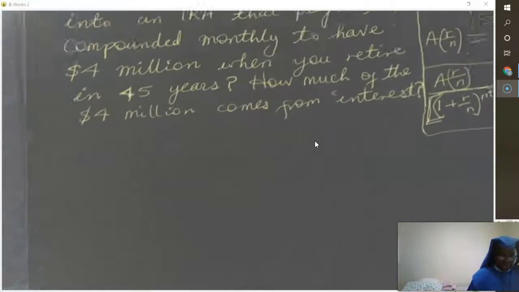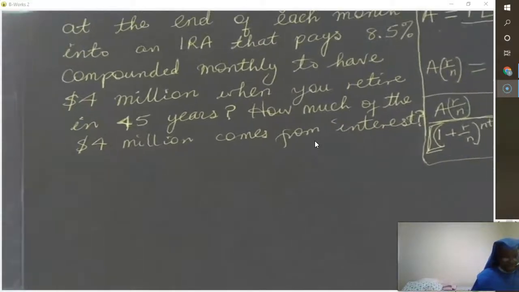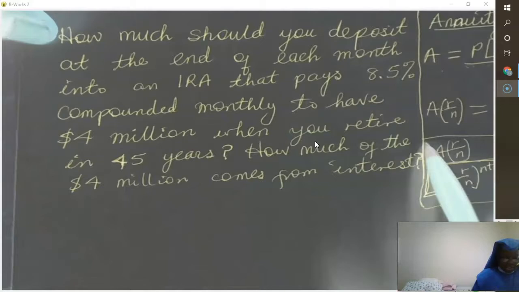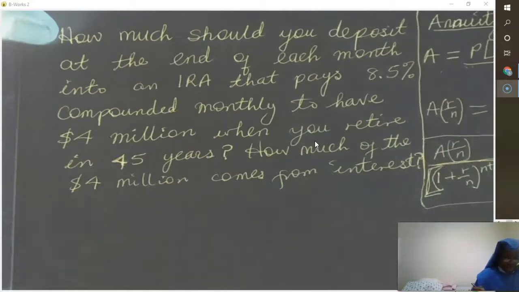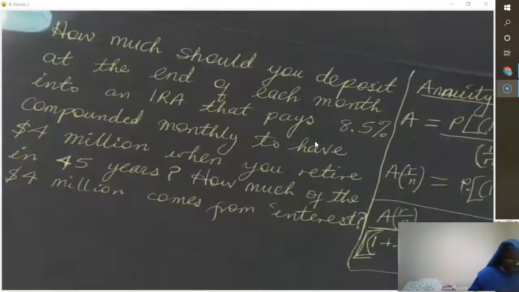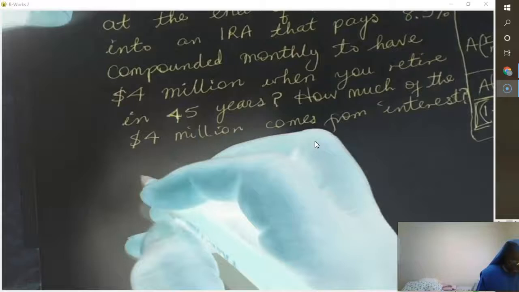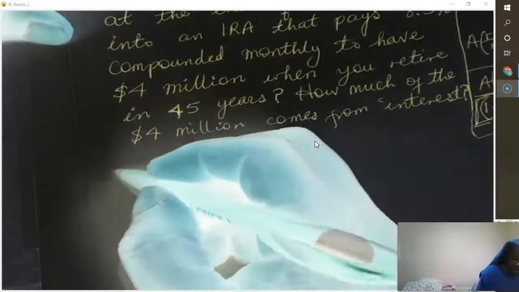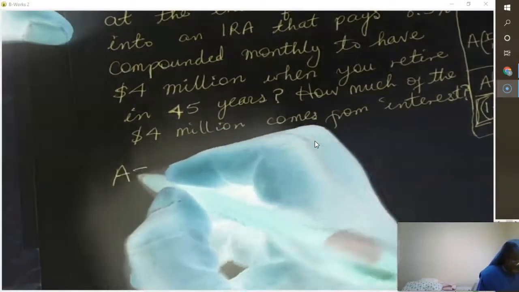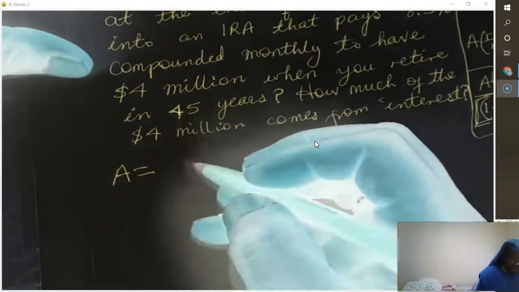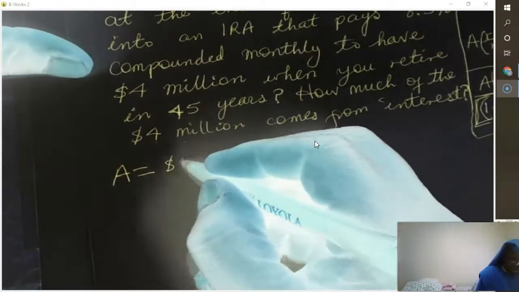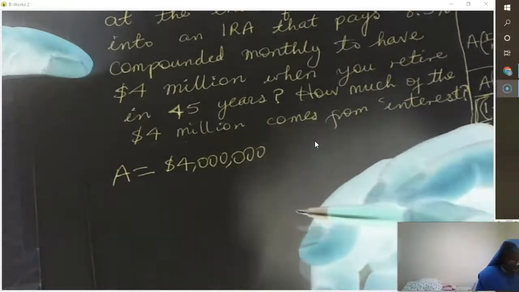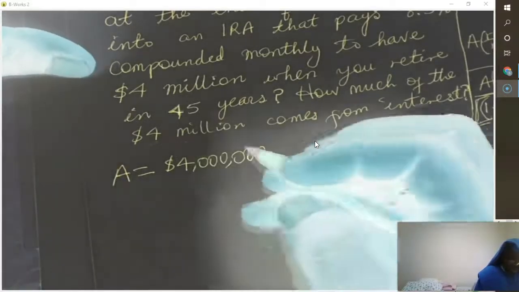Solve for P. Again, it's very helpful to write out all the numbers, what each stands for in the formula. We know P is what we are looking for. We know A is the final amount, which is 4 million. We want to have $4 million, so 4,000,000.